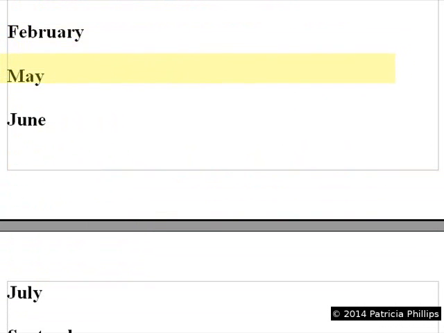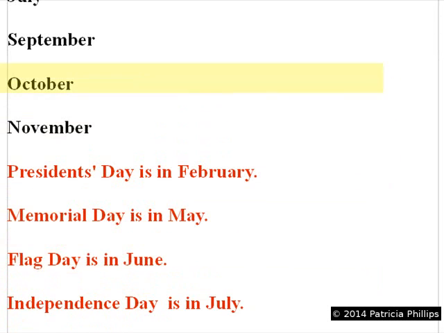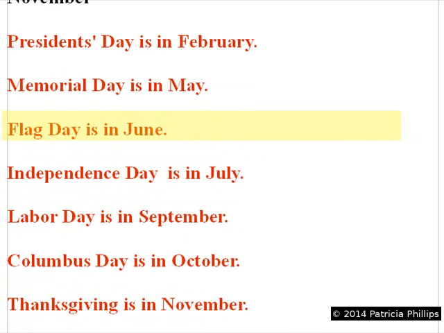February, May, June, July, September, October, November. These are all months of the year. And let's use these words in a sentence. President's Day is in February.